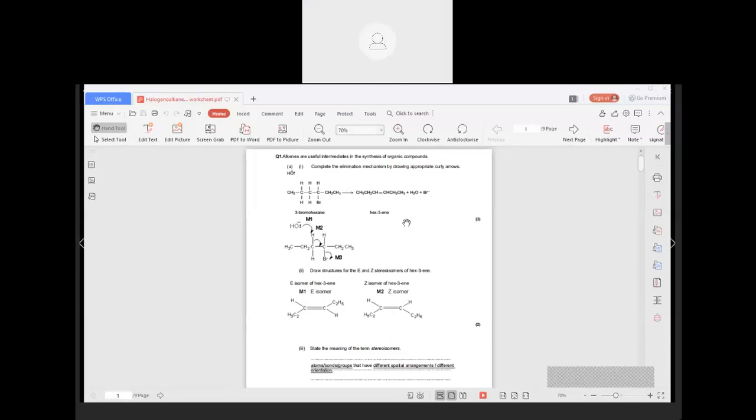Is it possible for halogenoalkanes to become alkanes? No, that's irreversible, I think. Yes, correct. It is not possible, there is no straightforward reaction from halogenoalkanes to alkanes.